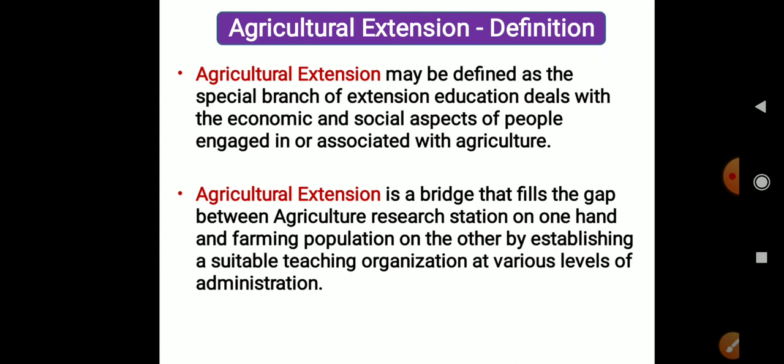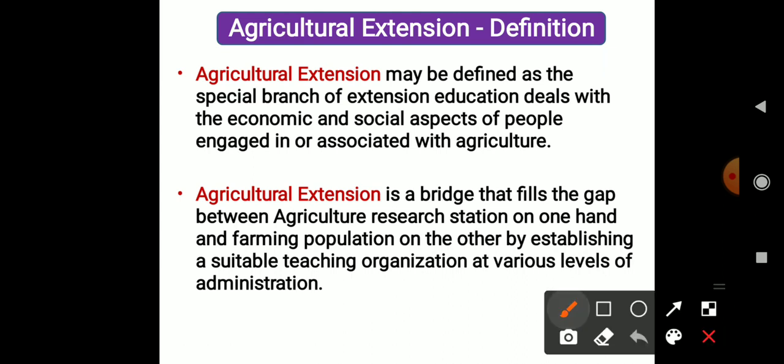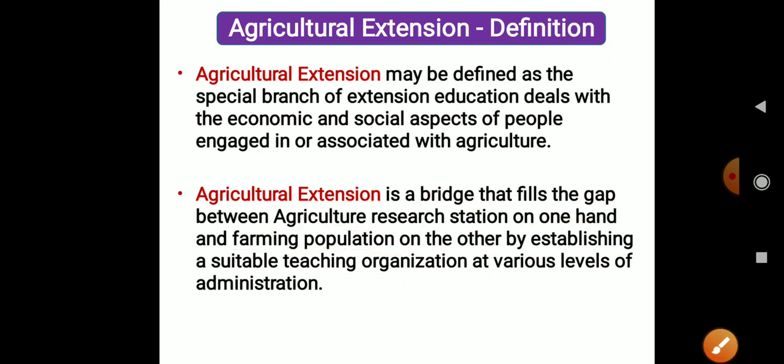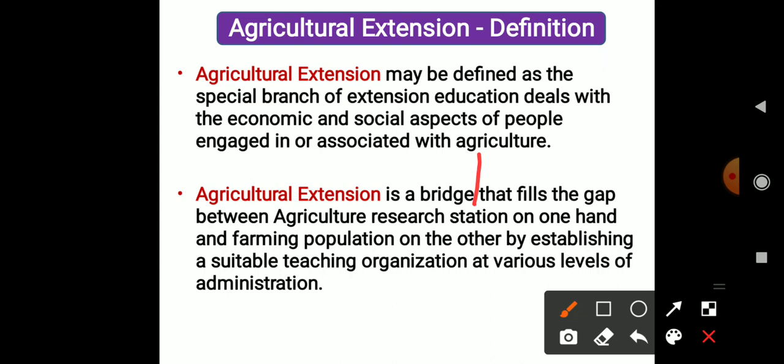Now another definition regarding agriculture extension is that agriculture extension is a bridge that fills the gap between the agriculture research station on one hand and the farming population on the other, by establishing suitable teaching organization at various levels of administration.